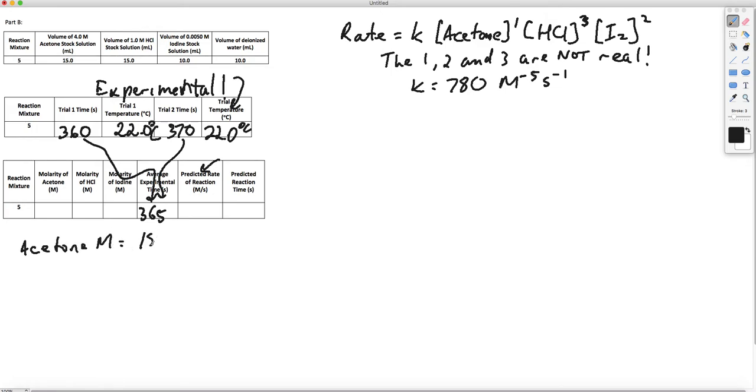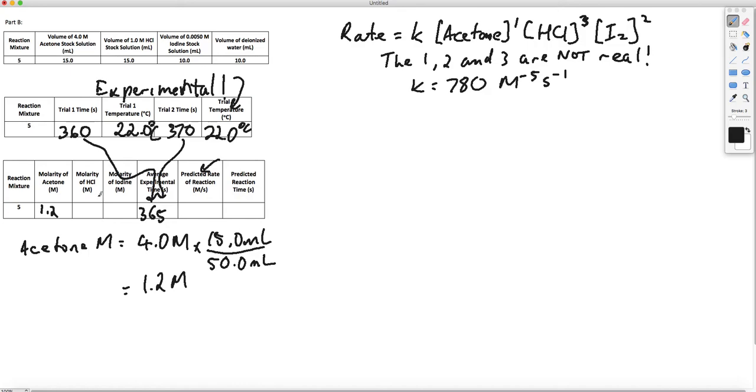We'll do 4.0 molar, that's the stock solution, times 15.0 mL, divided by the total volume, which is still 50.0 mL. You get that 15 plus 15 plus 10 plus 10 is 50, which comes out to be 1.2 molar. So that's what's going to go in here, 1.2 molar.